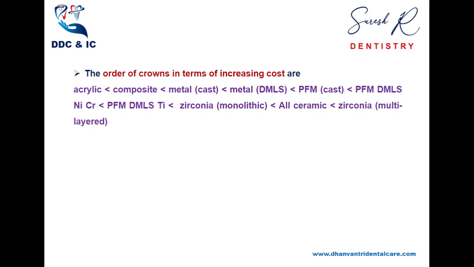The metal crown is of lesser cost than the PFM crowns, and among the PFM crowns, the DMLS crown is costlier than the cast crowns, and among the DMLS crowns, the DMLS titanium crown is costlier than the DMLS nickel chromium crowns. And all these PFM crowns are of a much lesser cost than the zirconia crowns. The zirconia monolithic crown is less costly than the all ceramic, and all ceramic is less costly than the zirconia multi-layered crowns.